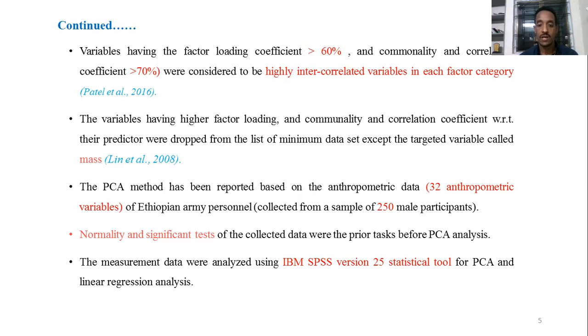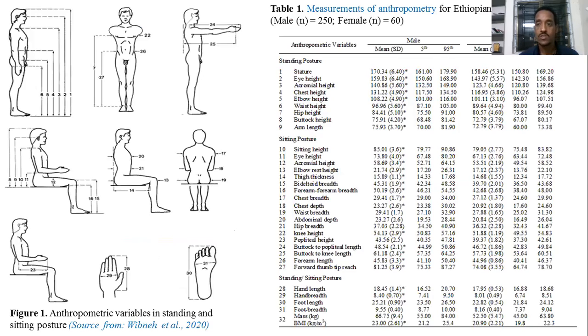For conducting this PCA and regression analysis, we use the statistical tool called SPSS. All 32 variables were measured for both male and female, but we only took male data for PCA analysis, because the majority of the collected variables are normal in male, but in female they are less normal, due to the smaller sample size we have.